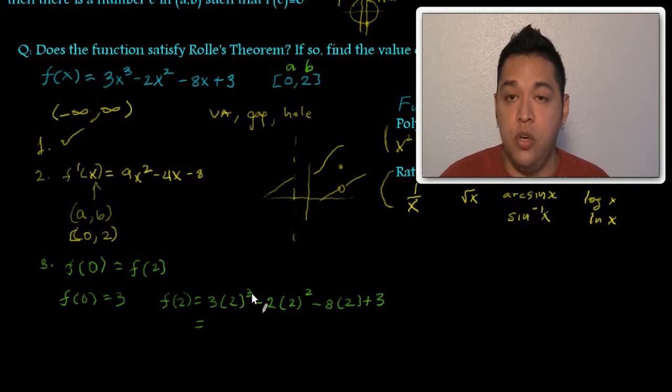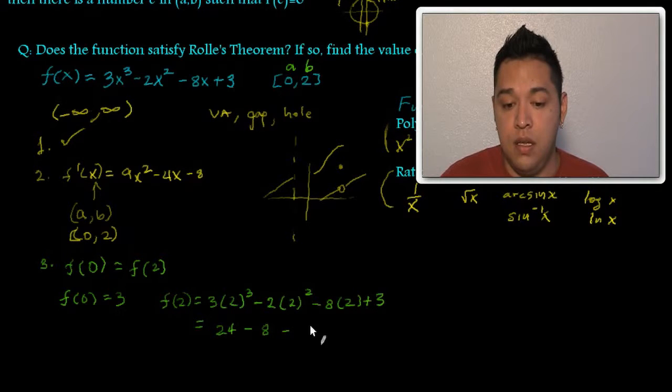Well, what's 2 cubed? That's 8. 8 times 3 is 24. Minus, this is 4. 4 times 2 is 8. 8 times 2 is 16.